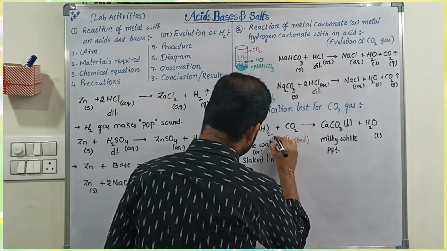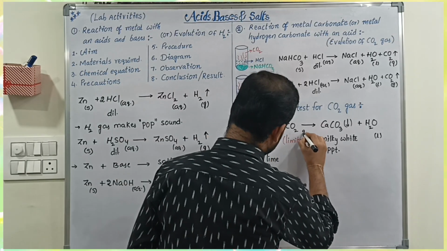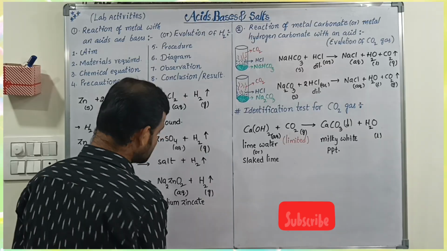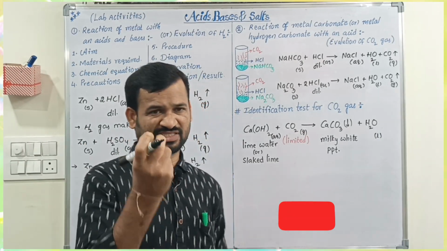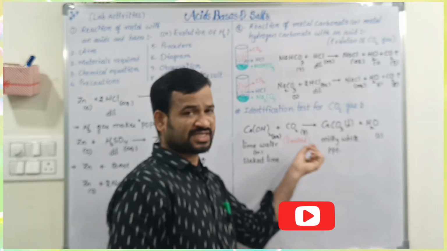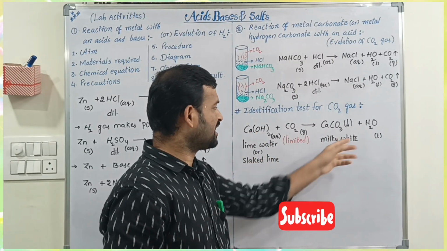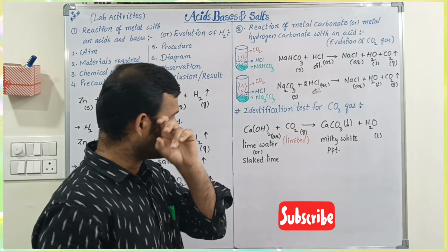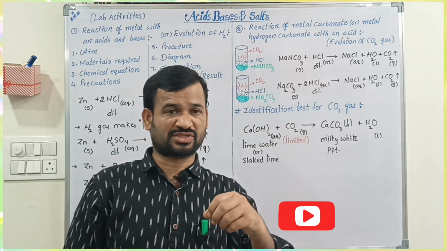Understand? So here calcium hydroxide is aqueous, CO2 is the gas, we know that. So whenever we pass a limited, insufficient amount of CO2 gas through the lime water, it will turn into a milky white precipitate. A precipitate means an insoluble substance.